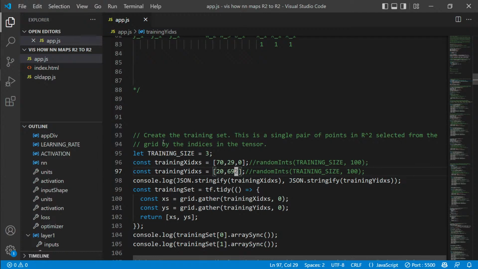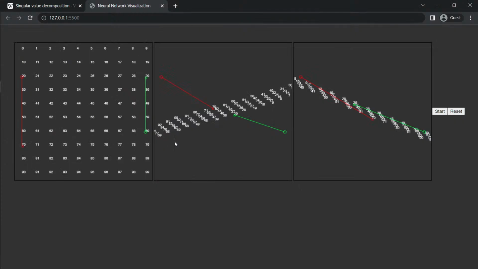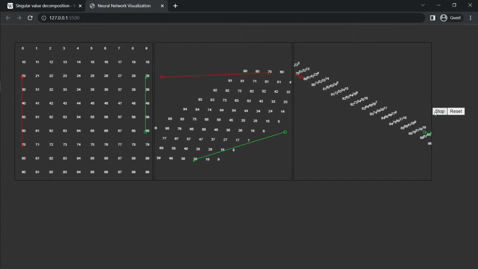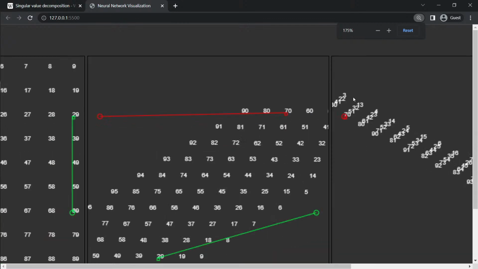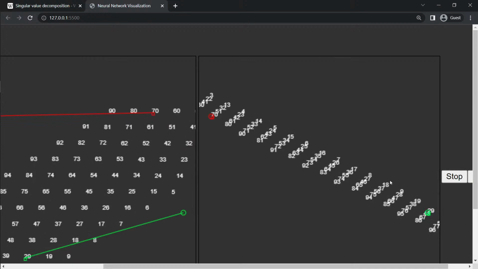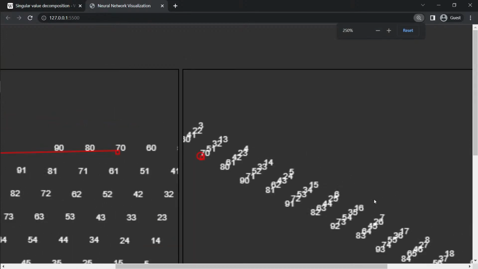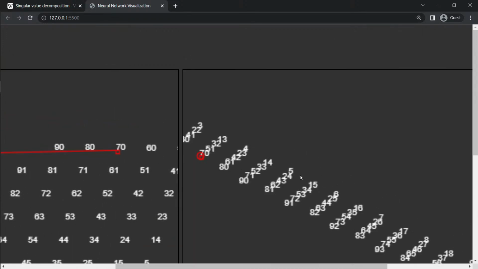Also, let's check to see if it actually solves it using a rotation, because I think you could probably solve it multiple ways. I can't read the numbers.